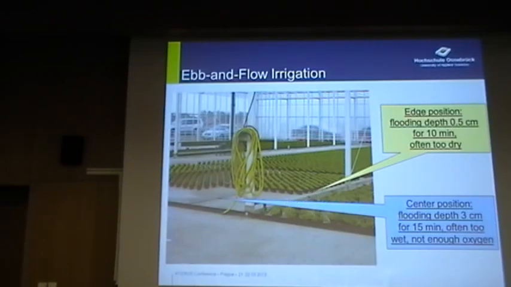We measured some examples there. Here we had a flooding depth of 0.5 centimeters for only 10 minutes, because there's a slight slope on these concrete floors. In the center, we measured a flooding depth of 3 centimeters for 15 minutes, and the farmer complained that the ridge was often too wet and had not enough oxygen.